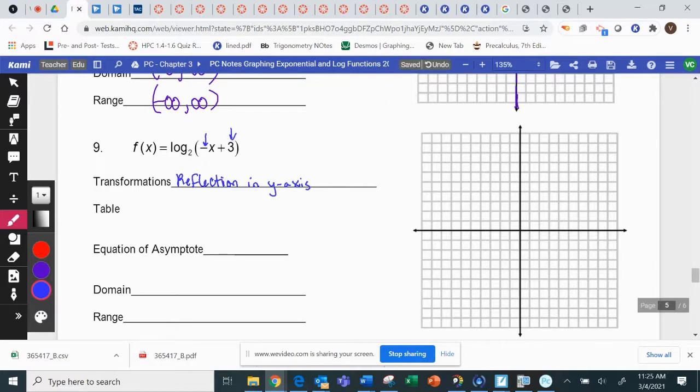When it's horizontal, they need to be separated. They can't be in the same room. They don't like each other. Do you remember how I separate these guys? I have to factor it out. So I'm going to have log base 2, and then negative, and then x minus 3, close parenthesis, close parenthesis. So I have to separate those guys.